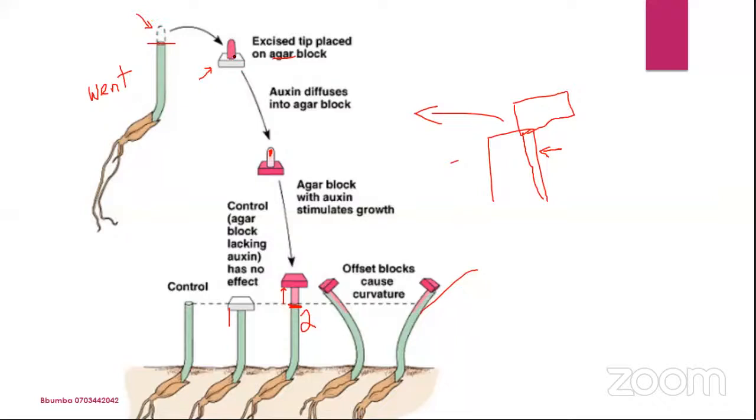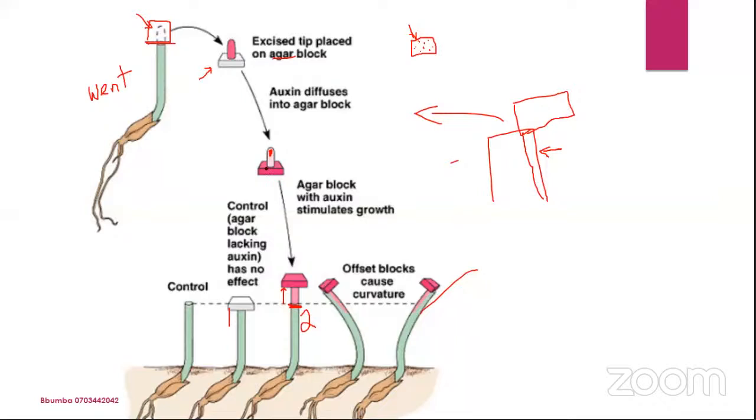The tip produces auxins, and they make this agar block become full of auxins.